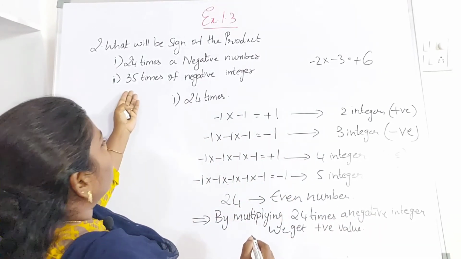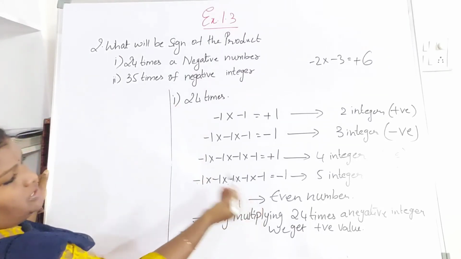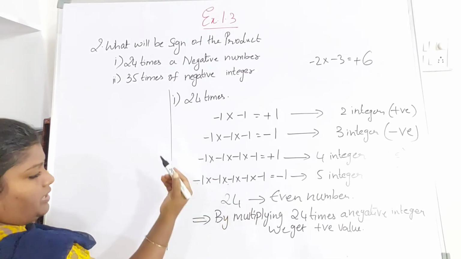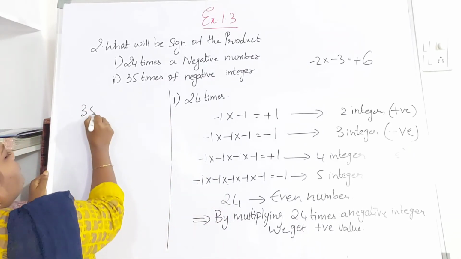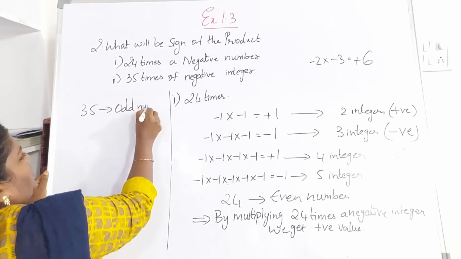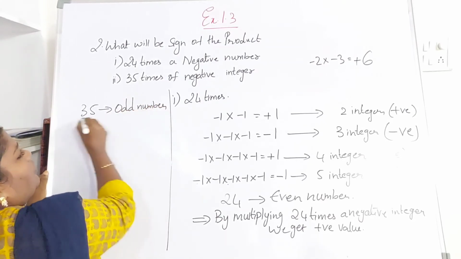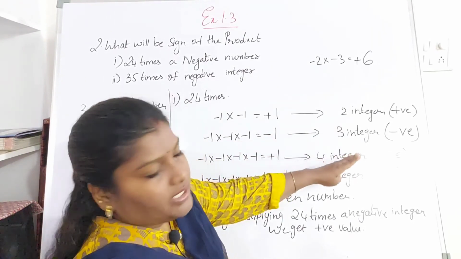Now let me conclude for the 35 times. The same explanation can be taken for this one. Now here 35 is an odd number, because here we are multiplying an odd number of times. Whenever we multiply an odd number of times, we will get a negative number.